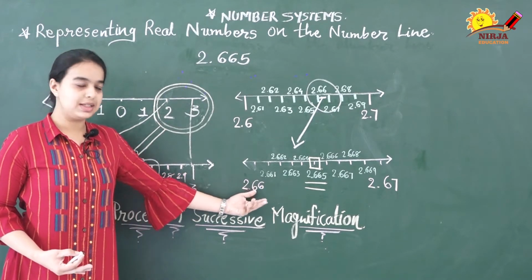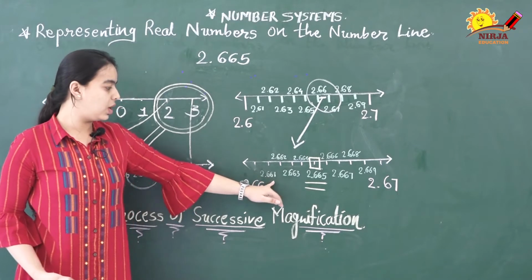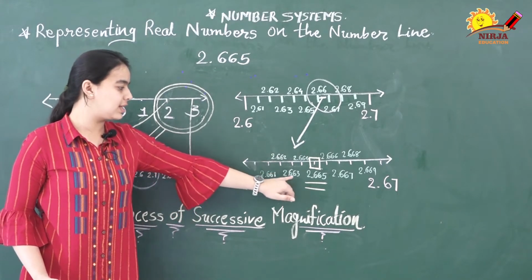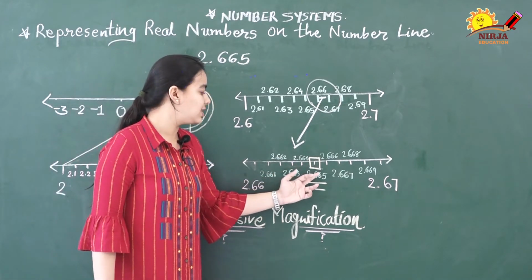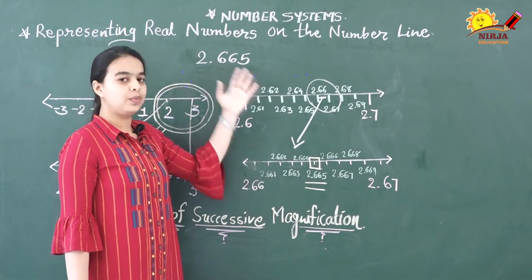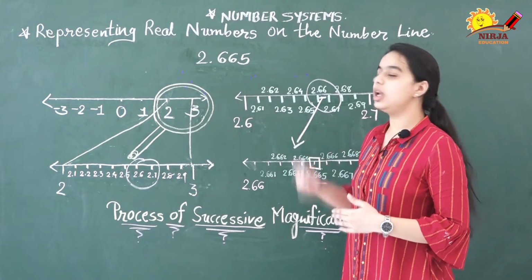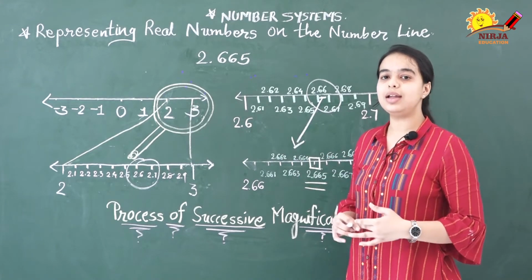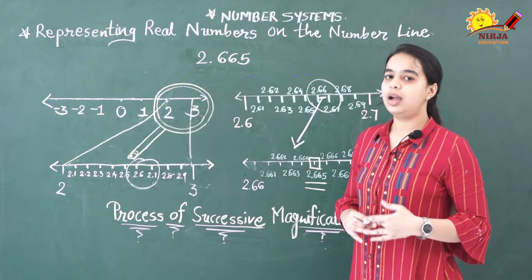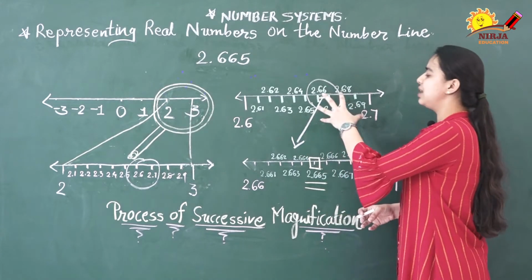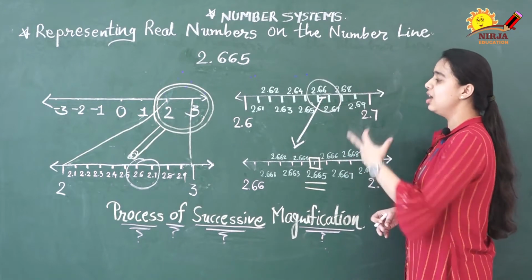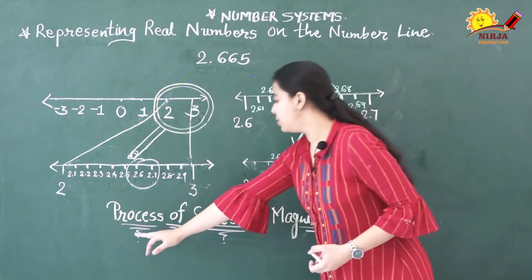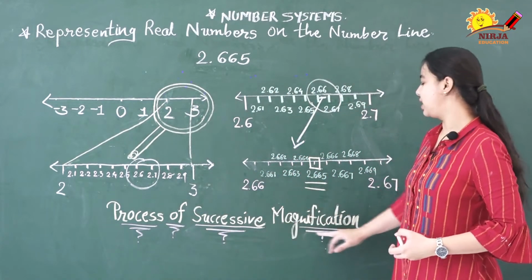Starting with 2.66, 2.661, 2.662, 2.663 and so on, and here we got our number 2.665. So my dear students, this way you are able to locate any real number on the number line, and this process looks like we are seeing the number lines through a magnifying glass. So this process is called the process of successive magnification.